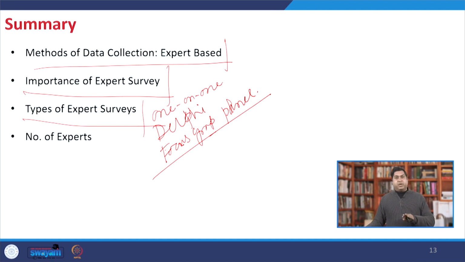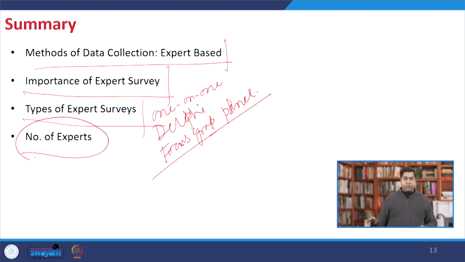And these are very pertinent for our planning and architectural research, and along with the observation survey and perception survey, this also plays a crucial role. So the selection of the right data collection method depends on your survey design and your research need.